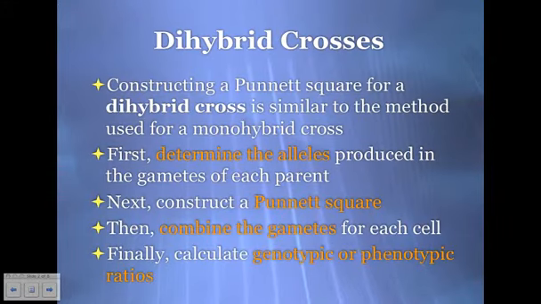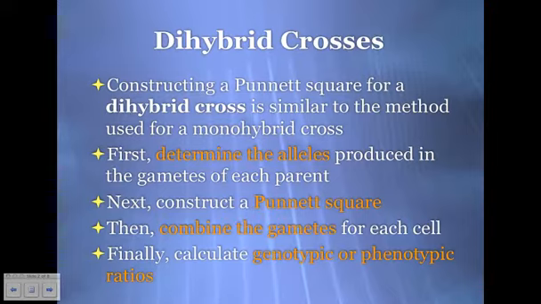There are four steps that you would have to go through in order to complete a dihybrid cross, and it's similar to the method used for a monohybrid cross. The first thing that you must do is determine the alleles that are produced for each gamete of each parent. Then you would construct your Punnett square with the appropriate number of boxes.